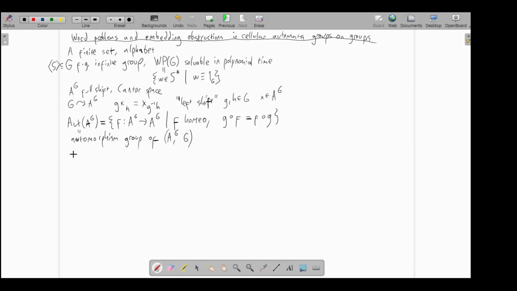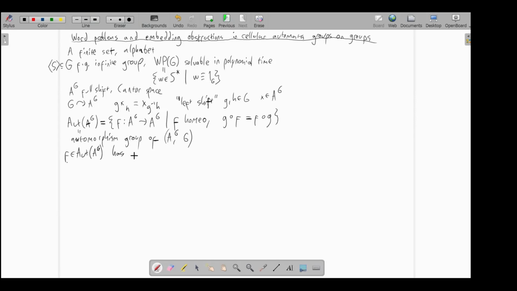So elements of this automorphism group are what people often call cellular automata. The way that F determines the new symbol at G is that it looks to the right neighborhood of G, and it uses some sort of local rule to determine what it writes next.